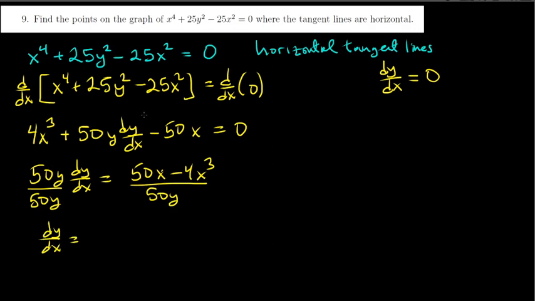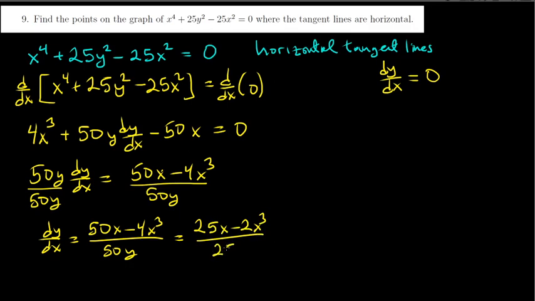We could have canceled the 2 here, but we'll do that later. So this is really 25x minus 2x cubed divided by 25y. So just divide top and bottom by 2.